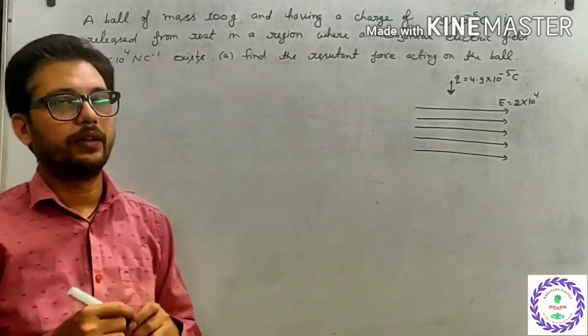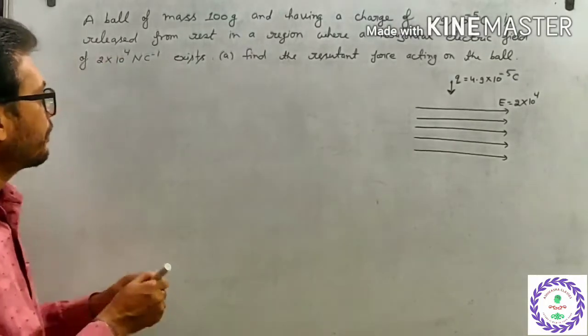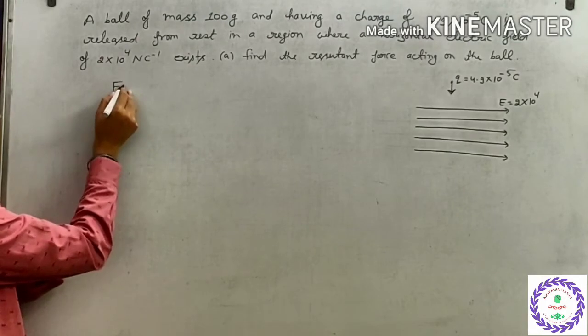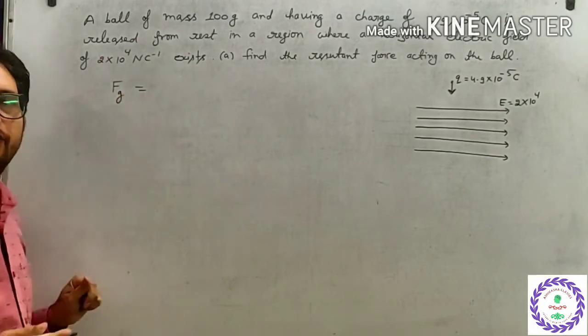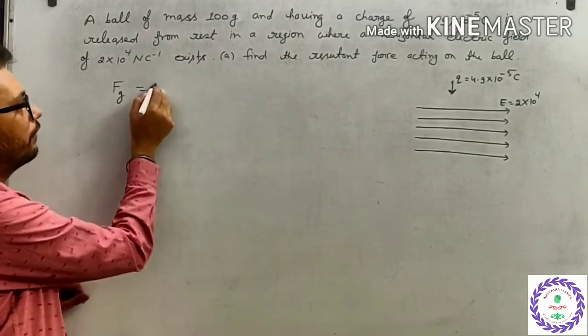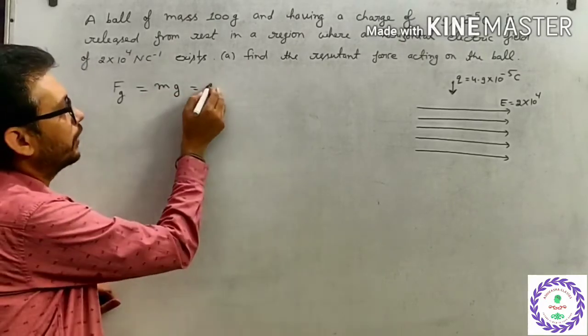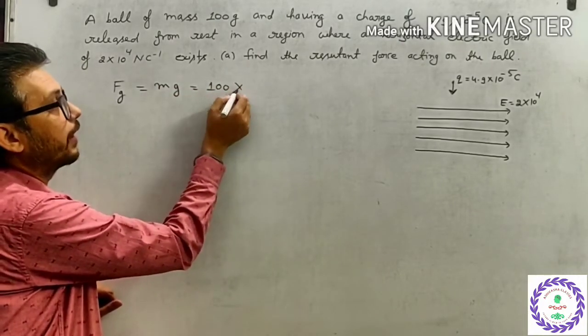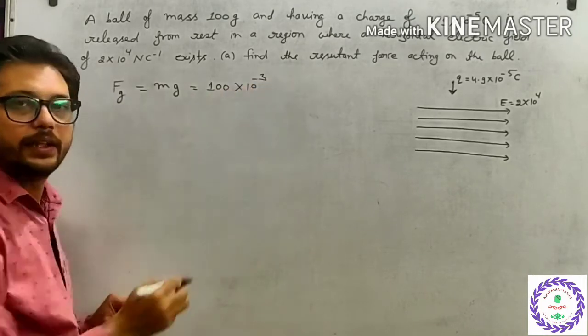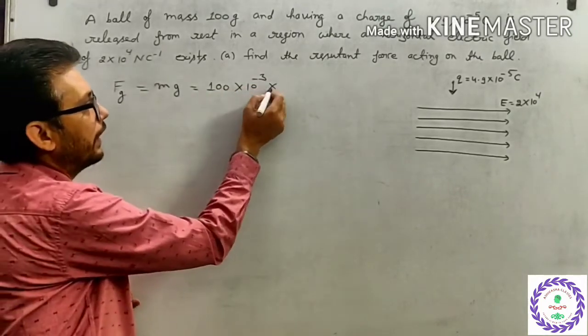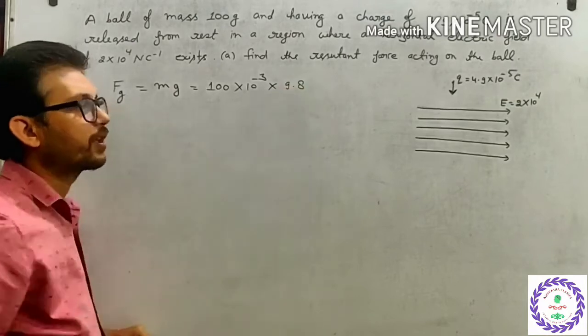Firstly we will find the force of gravity, that will be Fg, and the force of gravity means weight, so it will be mg, and mass is given in the question, that is 100 grams, so 10^-3 kg into g as 9.8.